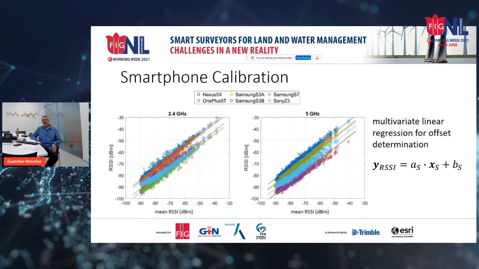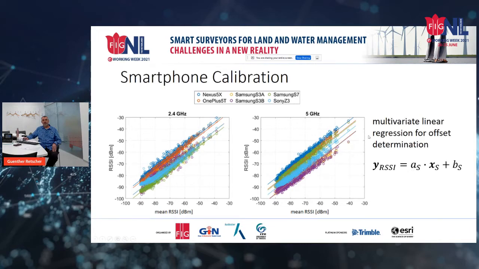And here we use the multivariate linear regression for offset determination, where we have X as the current measurement of the signal strength, received signal strength indicator RSSI, and Y RSSI is the average value. And we have 2 coefficients. AS is the gradient, indicating the gradient.